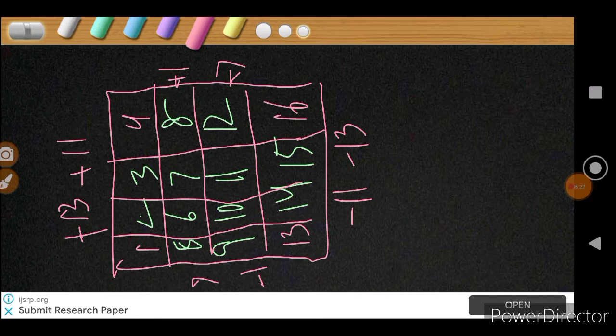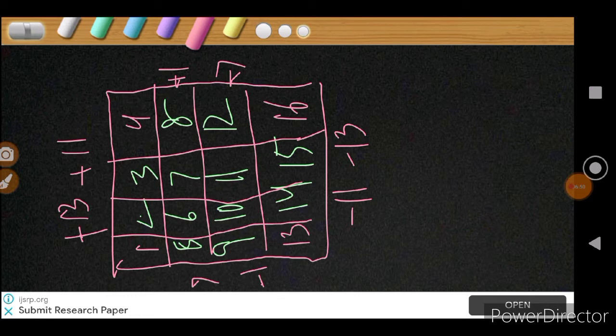Now the sum of these rows and sum of these columns will also be equivalent to 34, which we have to prove by adding these numbers which I have shown over here.